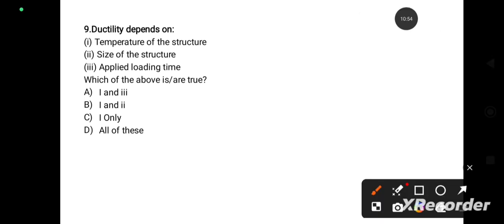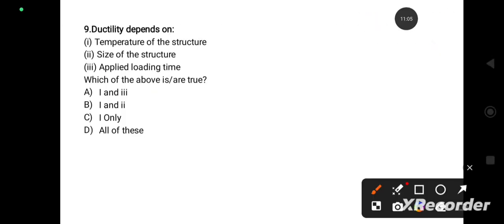Next, ninth question. This is an important question: ductility depends on what? Ductility depends on temperature. If temperature increases, the iron or steel material will expand.